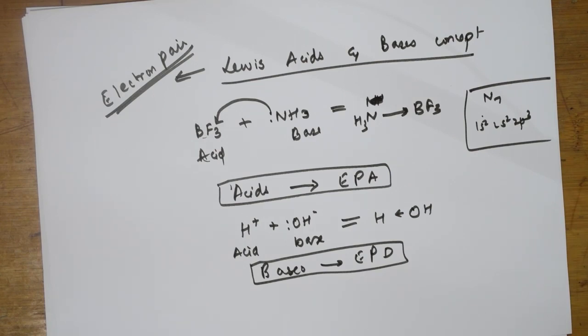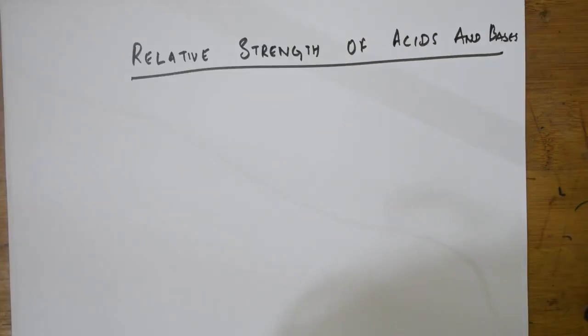Now we have studied about Arrhenius, we have studied about Bronsted-Lowry, and we have studied Lewis acid bases. Now let us come back and study another important topic, that is the relative strength of acids and bases. Now let us learn the concept. To measure the relative strength of two acids, first of all we are going to measure the H plus ion concentration, because I am talking about acids, isn't it?